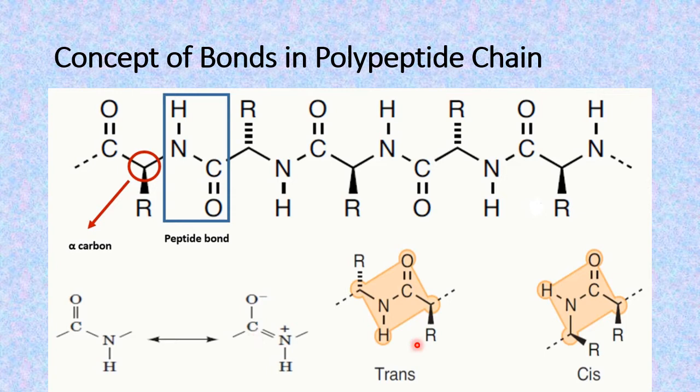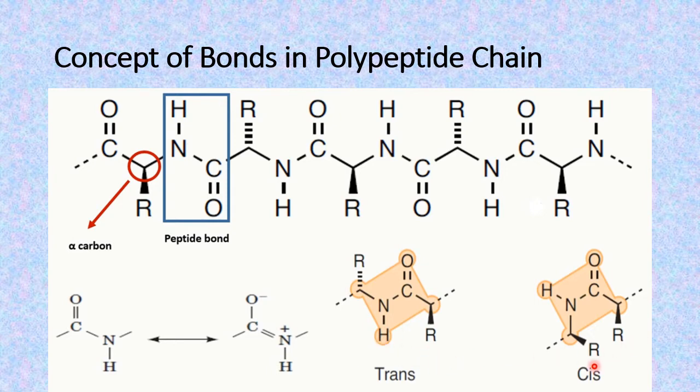Now the side chains, that is the R, may be quite bulky and they prefer the trans configuration in the polypeptide, because if they are not present in trans configuration, they will generate steric hindrances. That is, the space that is occupied by them will hinder each other.